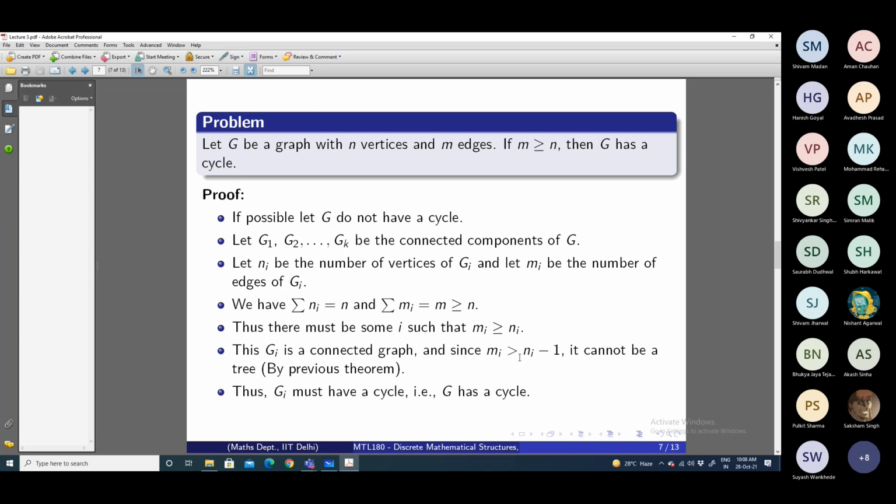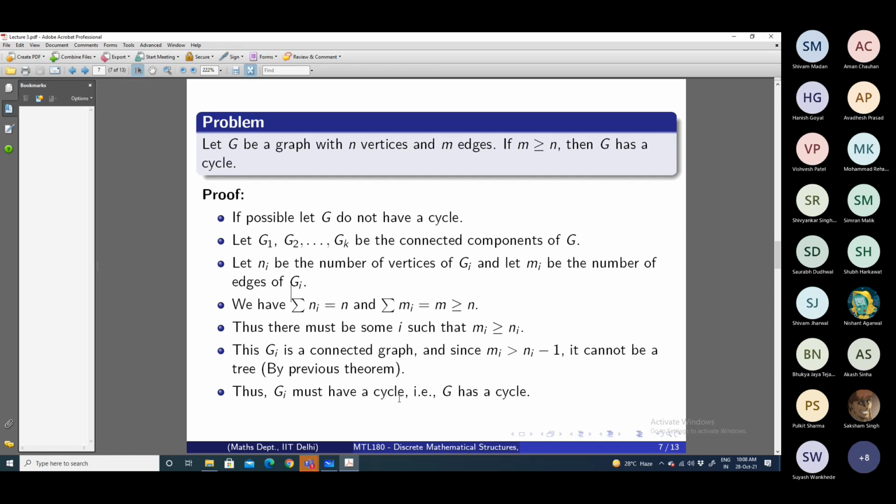So that is a contradiction because that cannot be a tree. We proved that for a tree, the number of edges is exactly ni minus 1. But here Gi is a tree, and the number of edges is bigger than this. So this is a contradiction. Therefore Gi must have a cycle, so that is, G has a cycle.